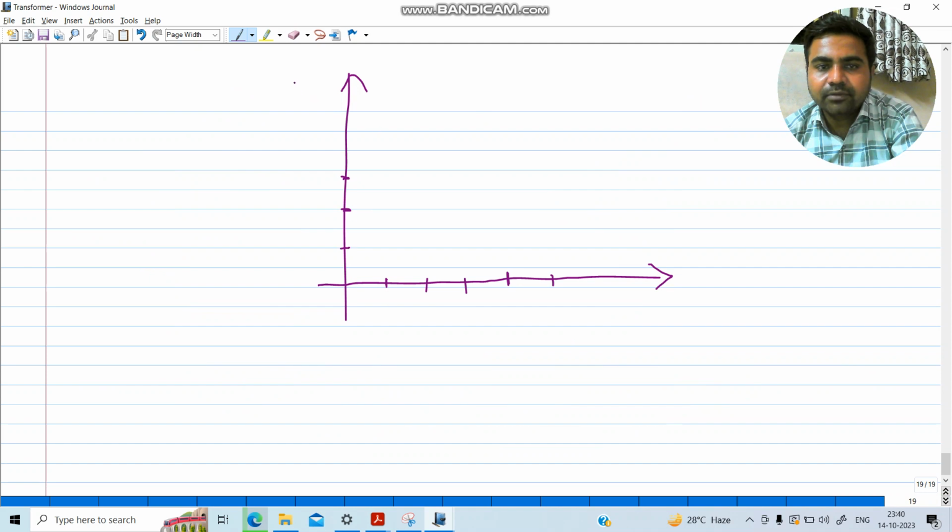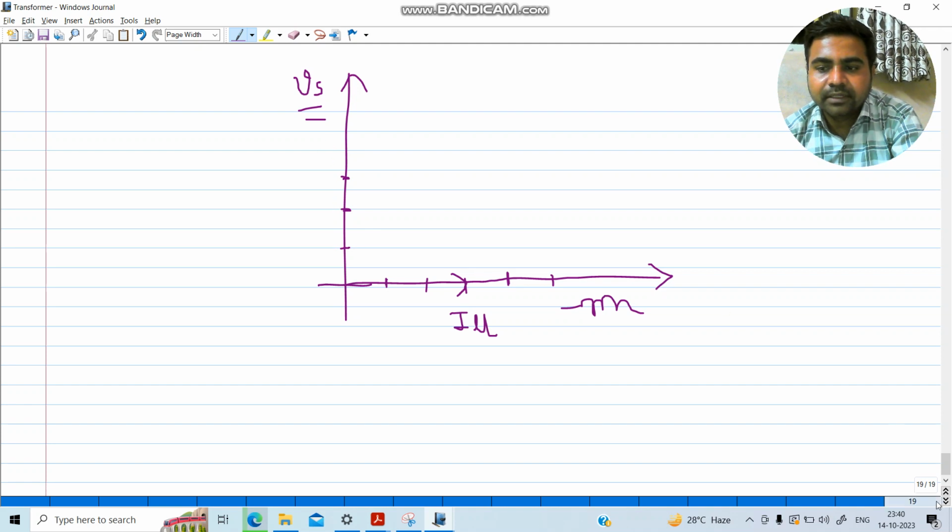Now let's draw the combined phasor diagram. As compared to the supply voltage, the magnetization component of current will be lagging by an angle of 90°. So here we will have the magnetization current, and the working current will be in phase with the supply voltage.